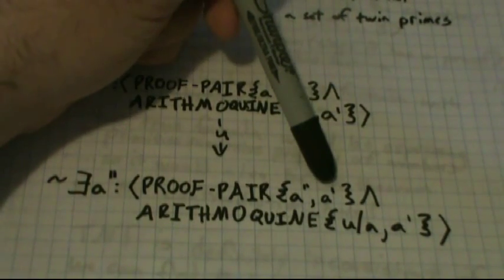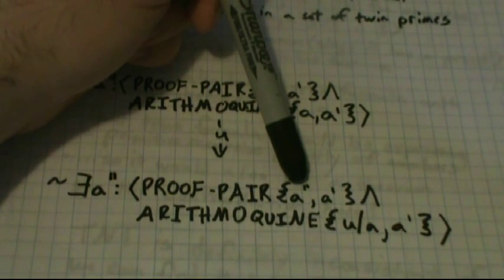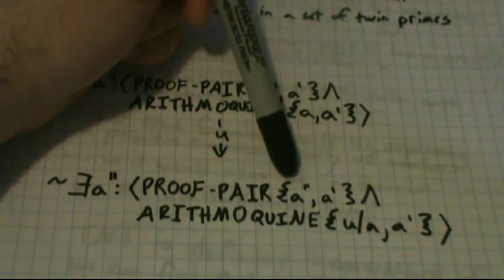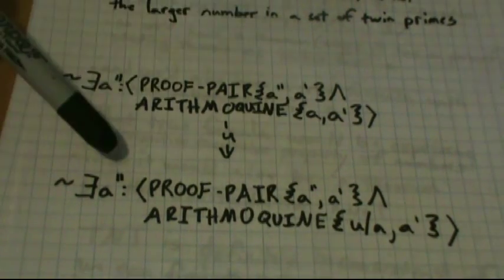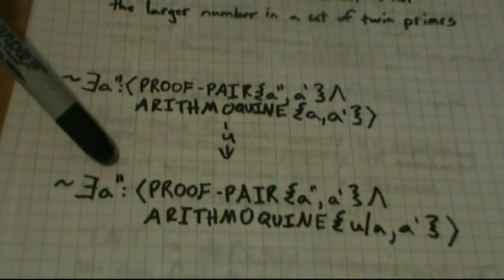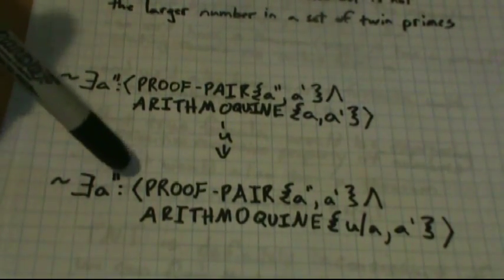So if this statement's own Gödel number does not have a proof, that means it is certainly not a theorem, which means that a perfectly valid interpretation of this statement is "I am not a theorem."